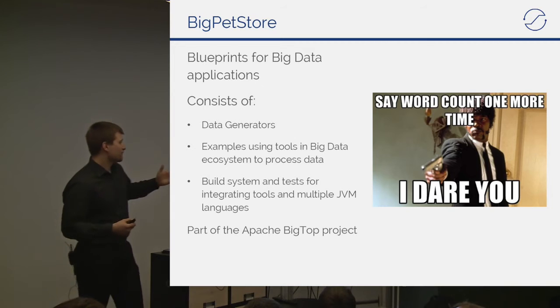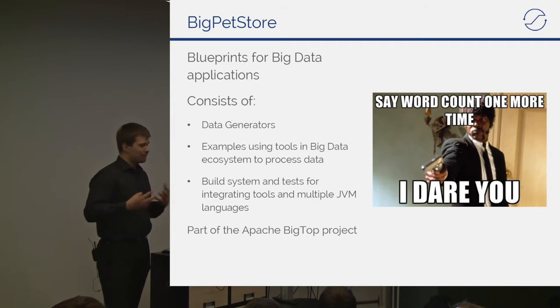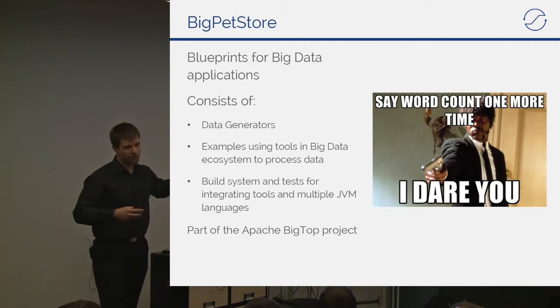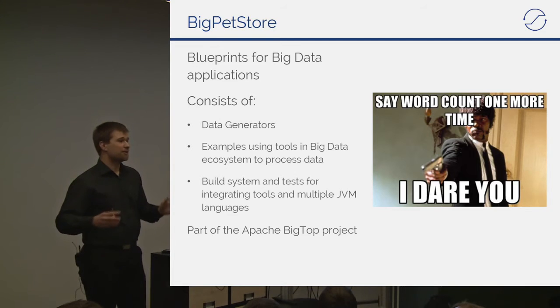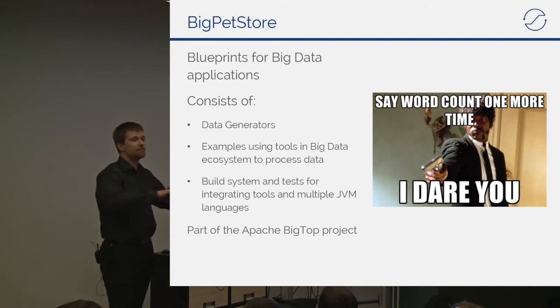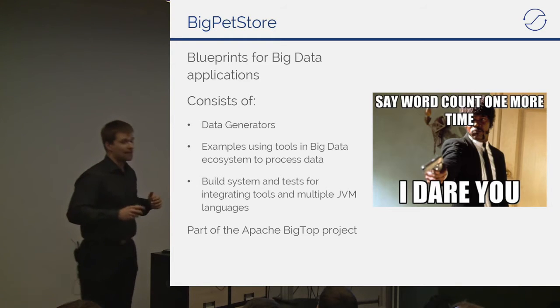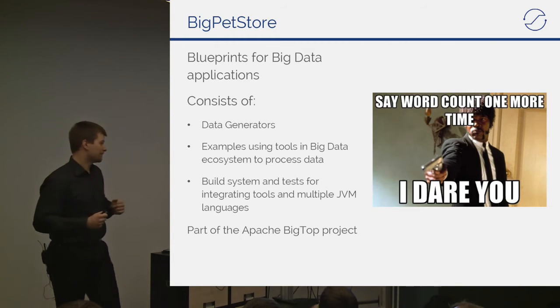So basically the whole project implements some data generators, examples of using these big data tools, and it also comes with build systems when it comes to BigTop. BigTop is a bigger project also on deployment and provisioning, but these are the generator parts, and one of them is actually called BigPetStore.